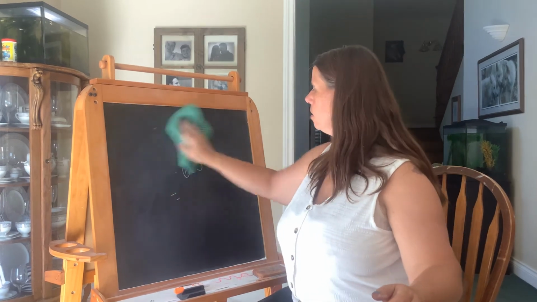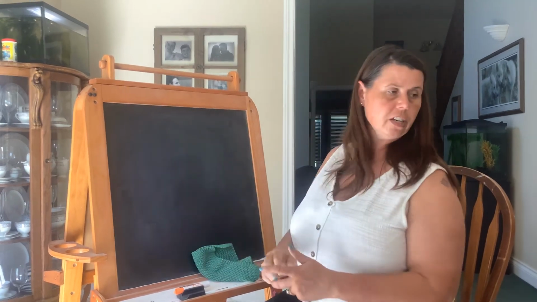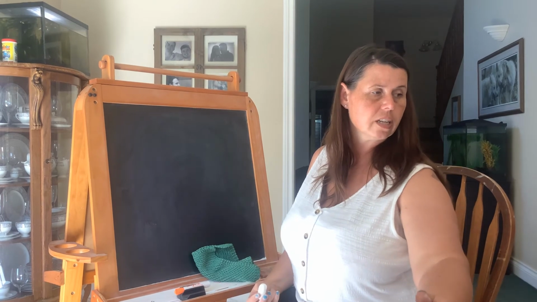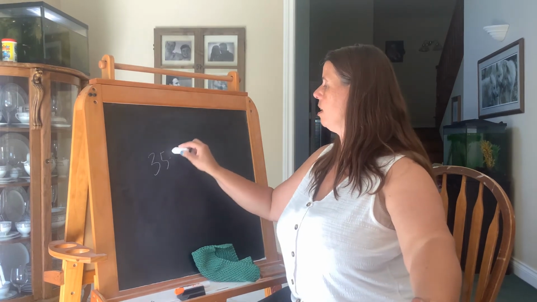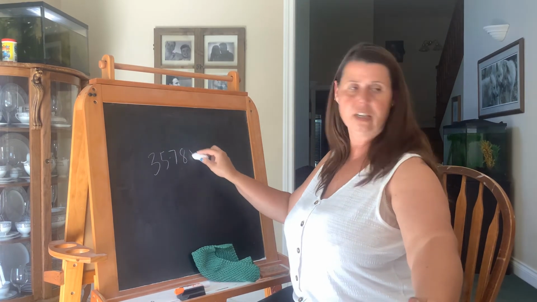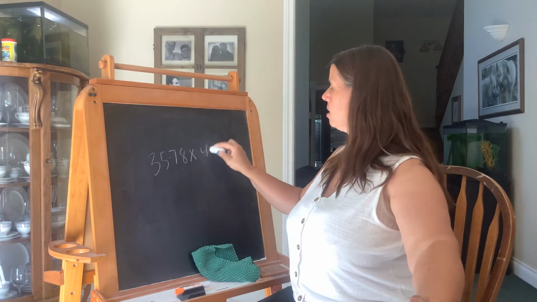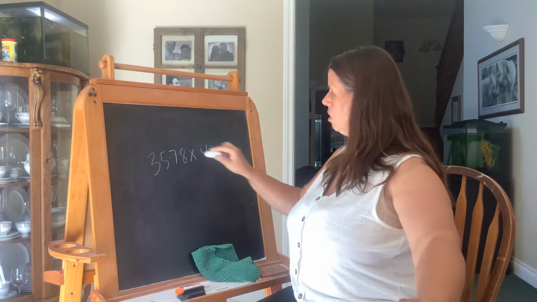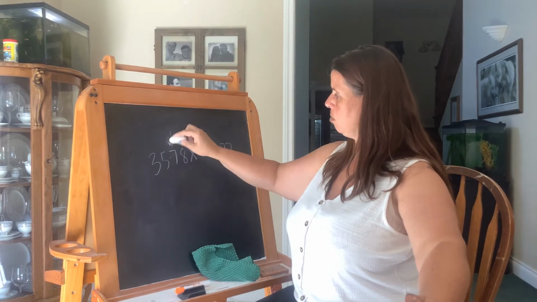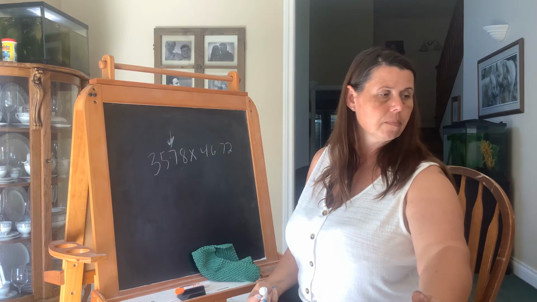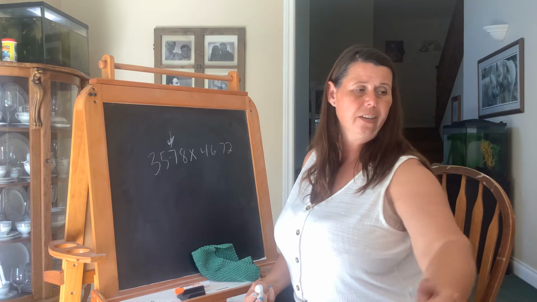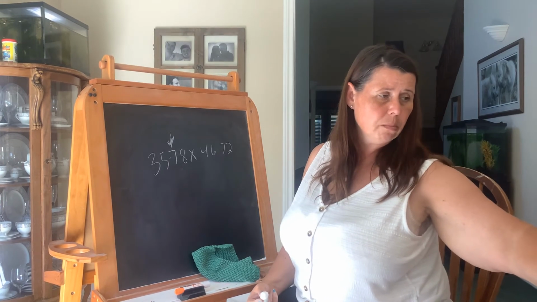3.25. Actually, I won't do the very next one because I'm sure you guys can handle them. So let's try the last one. So 35.78 times 46.72. So how about we go to the first decimal place? I don't think they wanted us to go to whole numbers with this.